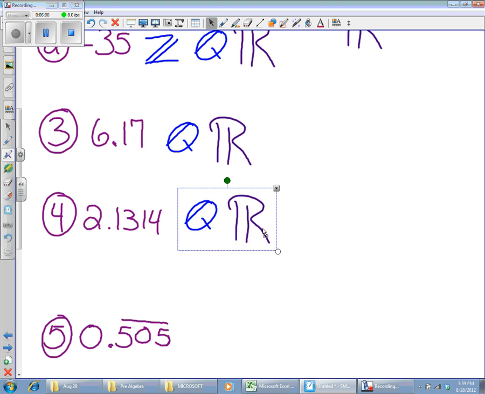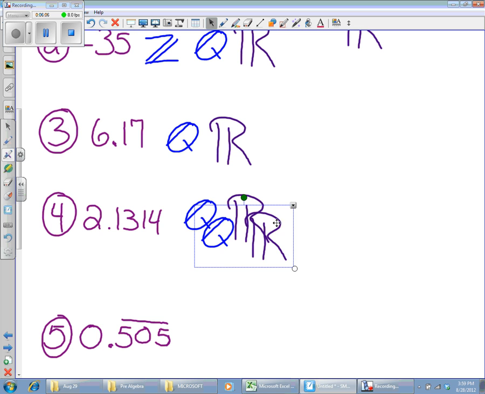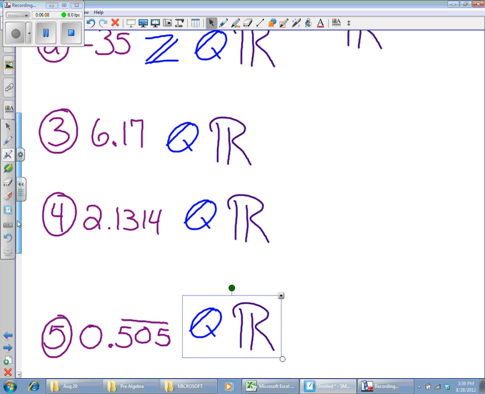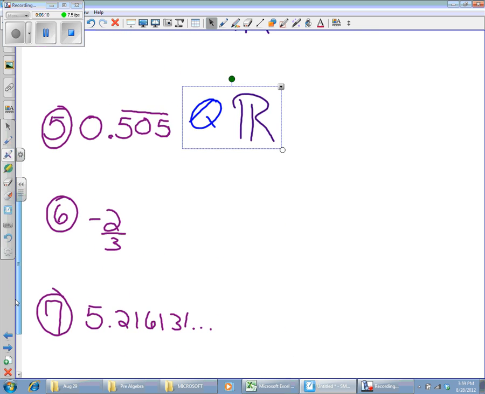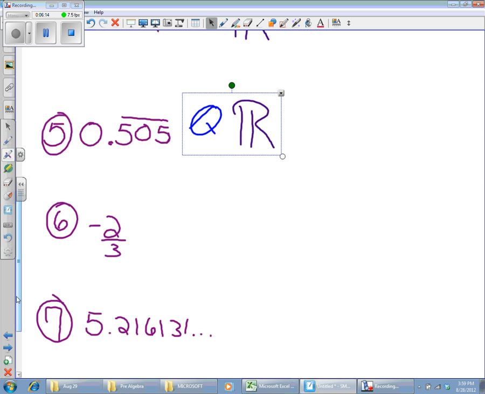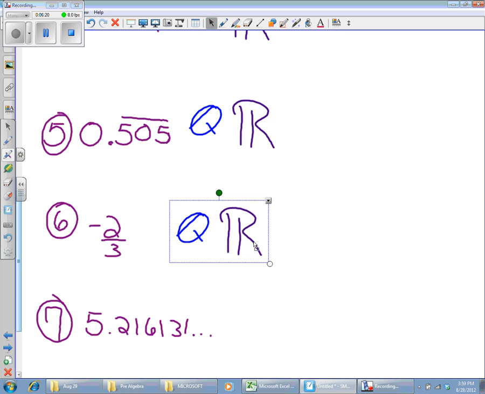Number 5 is a decimal that repeats. That's rational and real. All right, and finally, number 6 is a fraction, right? That makes it rational and real. Some of you might think it was an integer because it's negative.